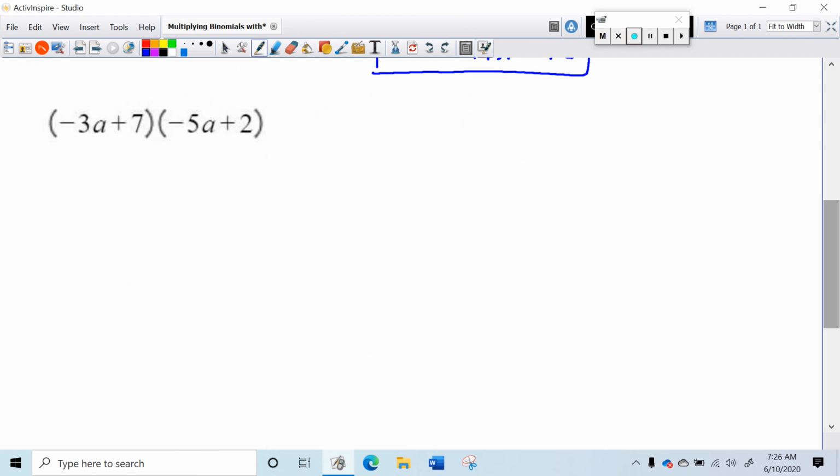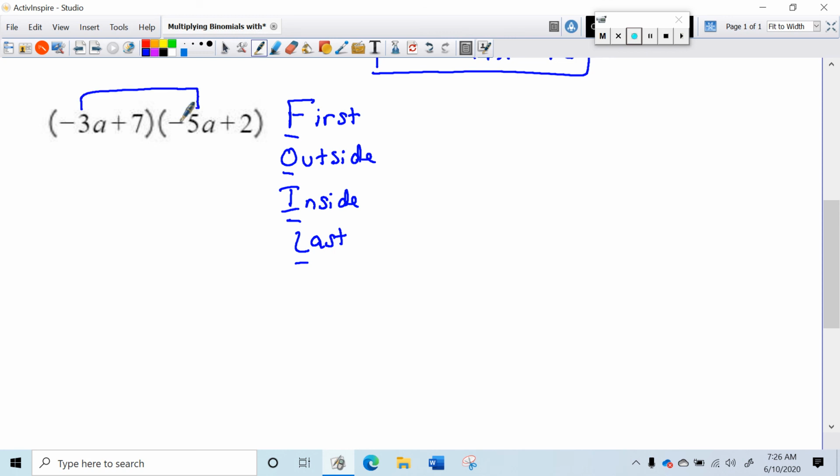The final method for binomials is called the FOIL method. It stands for first, outside, inside, and last. First, F-O-I-L. So first terms, negative 3 times negative 5 is 15, and I have an a here and an a here.